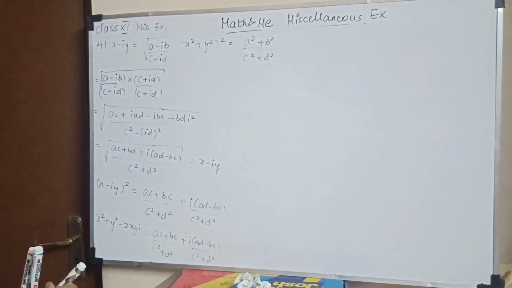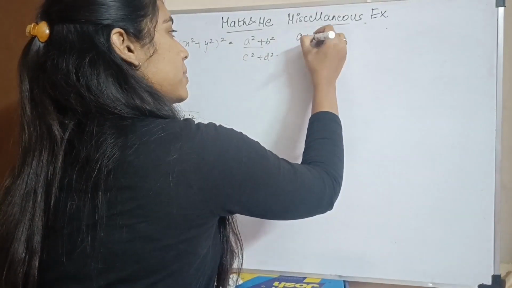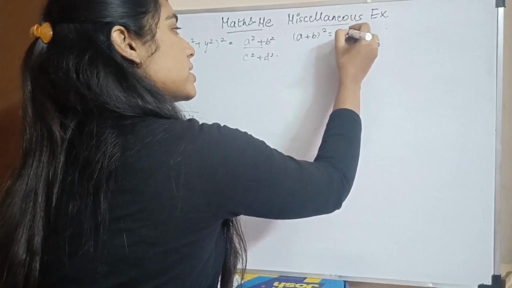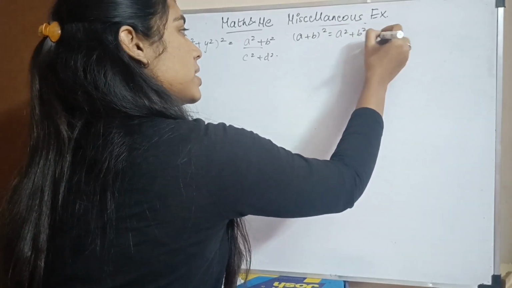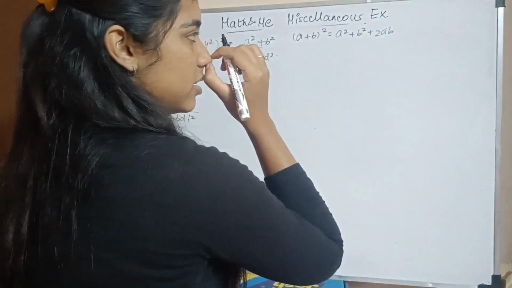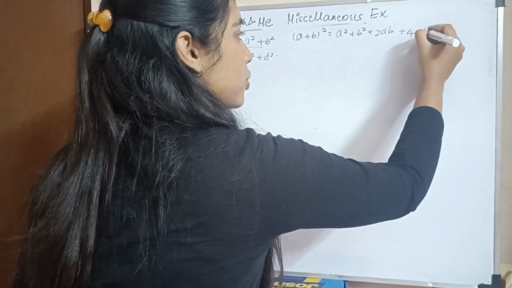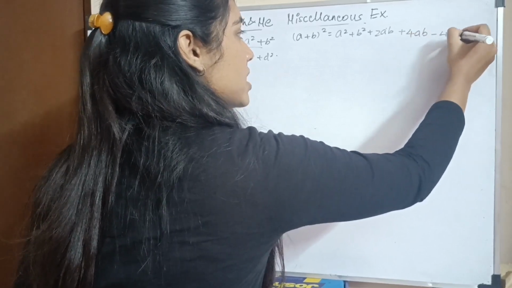So now what can we do? You know a basic formula: (a plus b) the whole square is a square plus b square plus 2ab. What I'm going to do is add and subtract 4ab. So I have plus 4ab and minus 4ab.